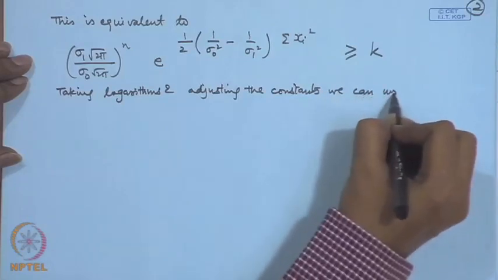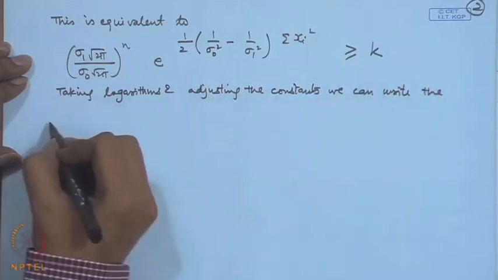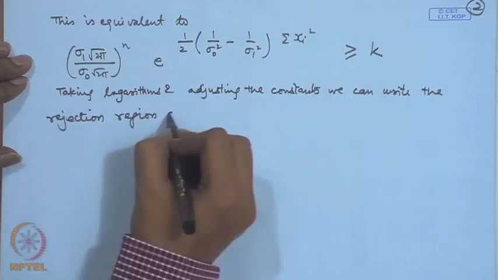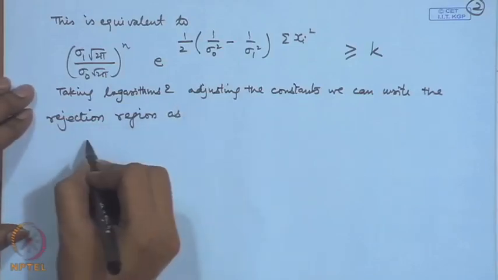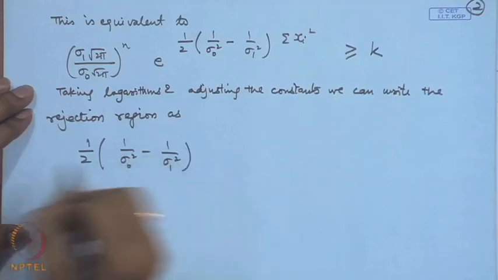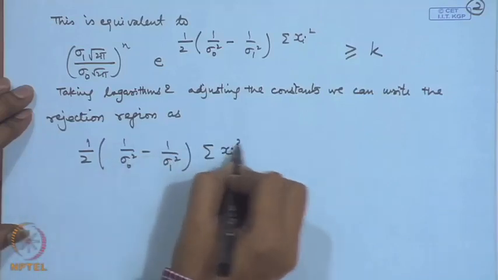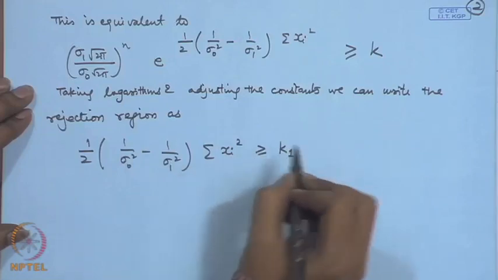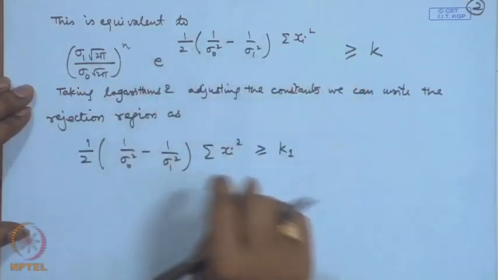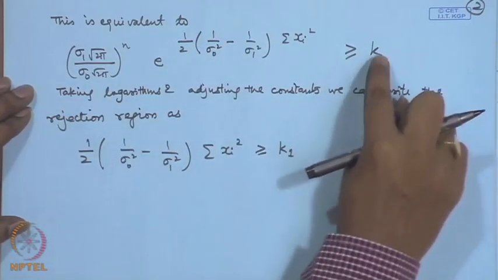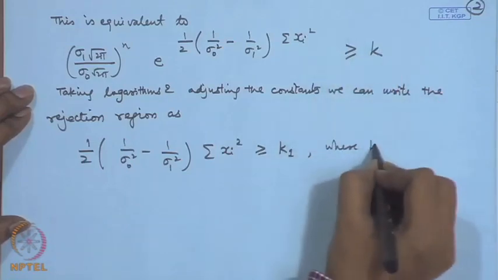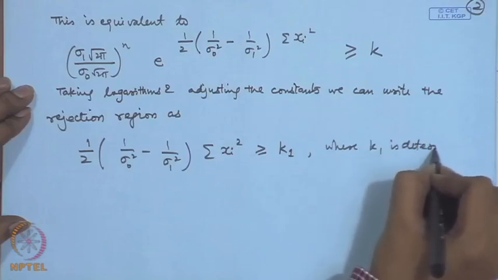We can write the rejection region as 1 by 2 times (1 by sigma naught square minus 1 by sigma 1 square) sigma xi square greater than or equal to, say, k 1. I have changed the name of the constant here, because I have adjusted this and taken the log, so some other constant is coming. Earlier we mentioned that k is determined by the size condition. So, we will say that k 1 is determined by the size condition.